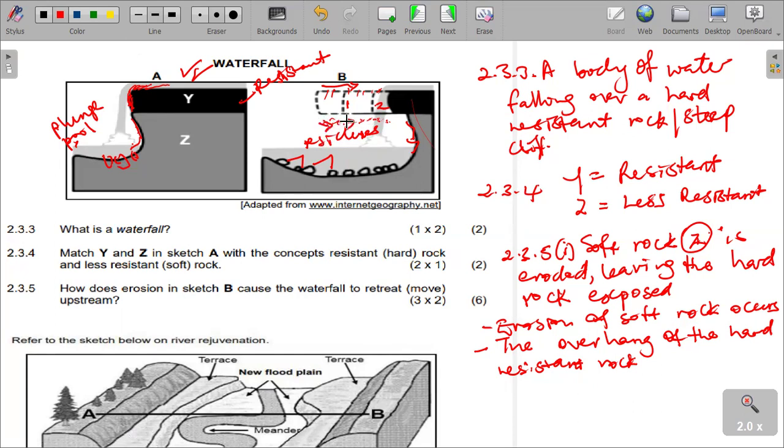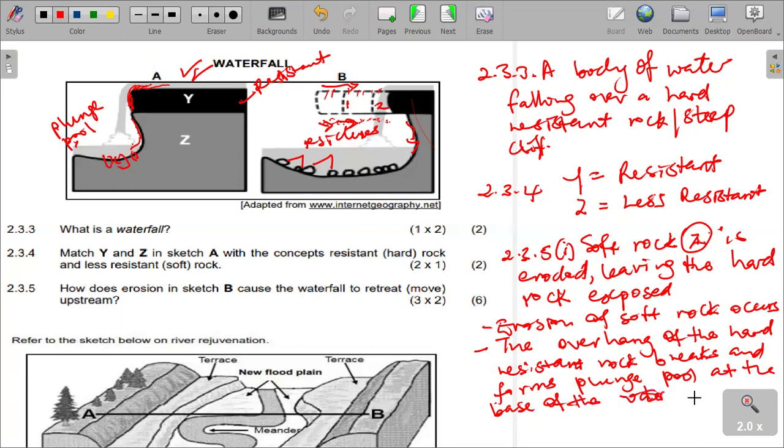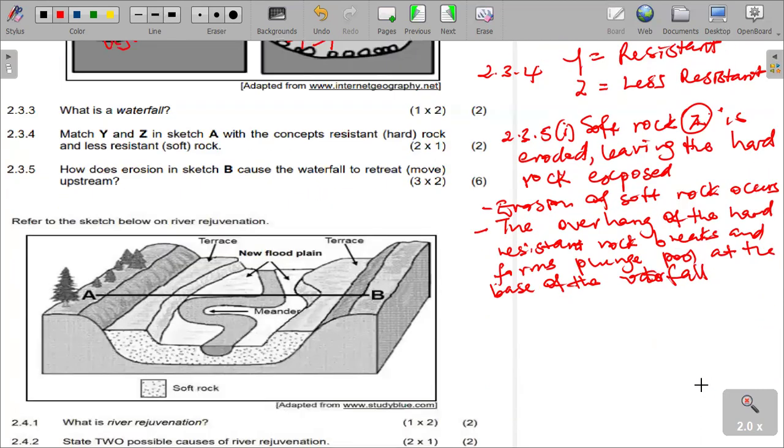The overhang of the hard resistant rock breaks and forms a plunge pool at the base of the waterfall.